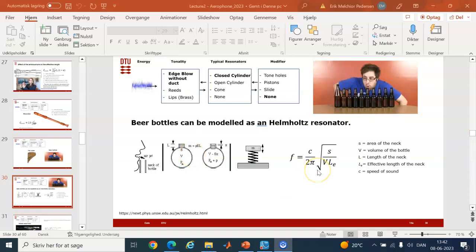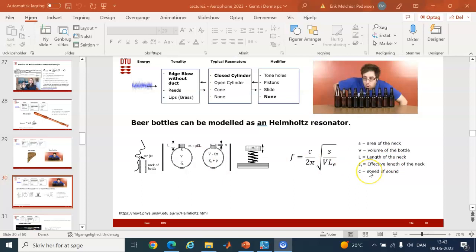We know from the theory, also from fundamentals of acoustics and architectural acoustics, that f is c, the speed of sound in air, divided by 2 pi, times the square root of S, the area of the neck, divided by the volume of the bottle times the length of the neck.